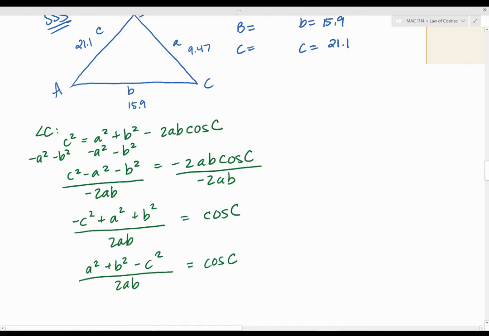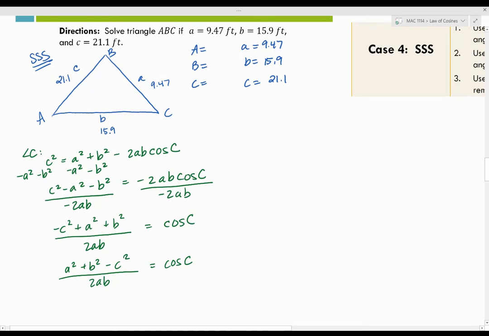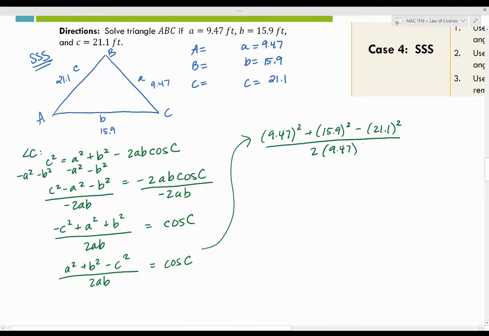Okay, now that I have the correct formula, I'm going to plug in the values that I have. So I'm going to have 9.47 squared plus 15.9 squared minus 21.1 squared, all over 2 times 9.47 times 15.9.